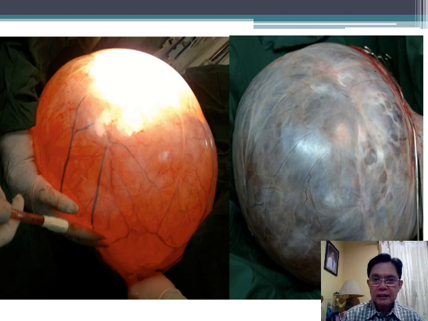On the other hand, this one also has a smooth surface, but it seems to be multiloculated. I hope you still remember the characteristics between benign and probable malignant ovarian tumors, so that you'll be able to more or less grossly identify which one is probably malignant and which one is probably benign.